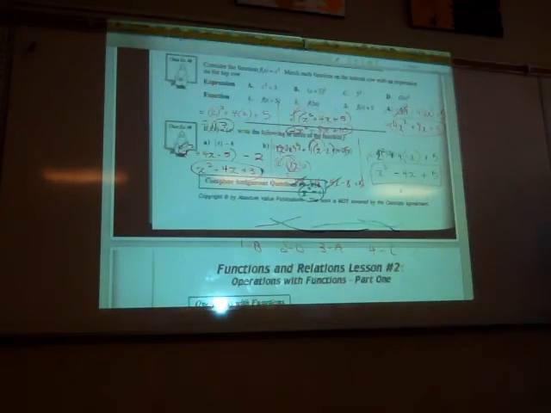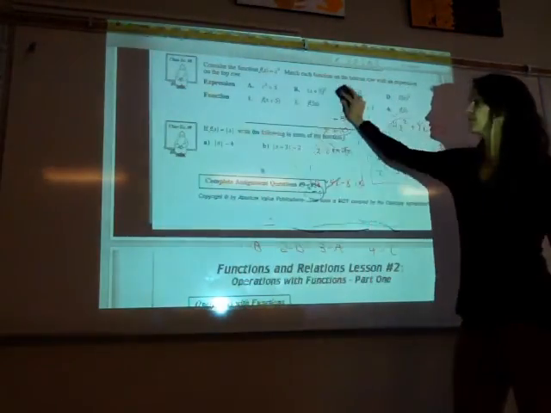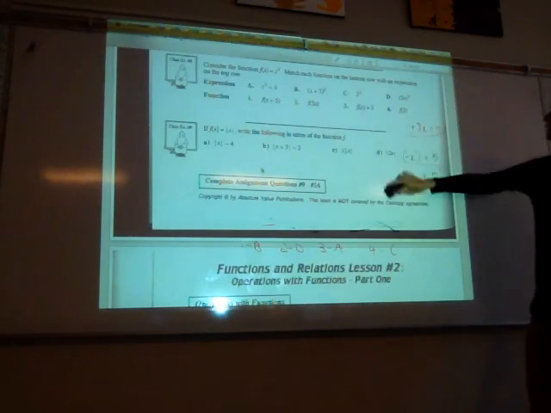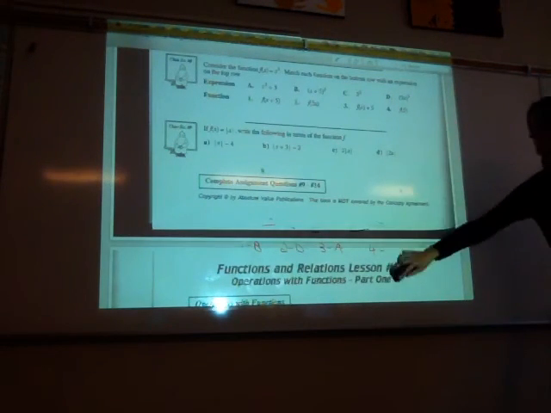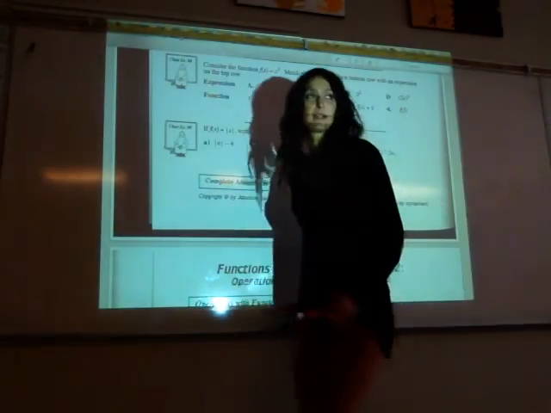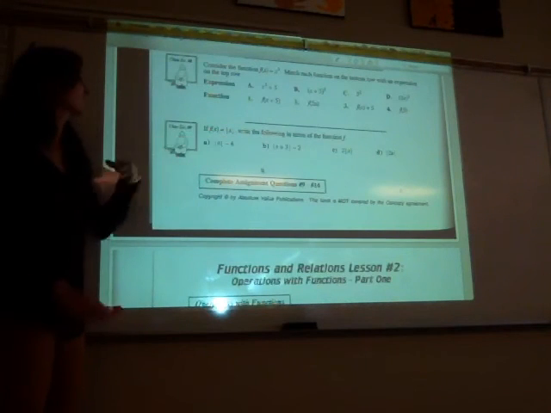Okay, so next up we have an absolute value function. So f of x is equal to the absolute value of x. And we have to write these expressions in function notation. So just to be clear, the function is f of x equals the absolute value of x.